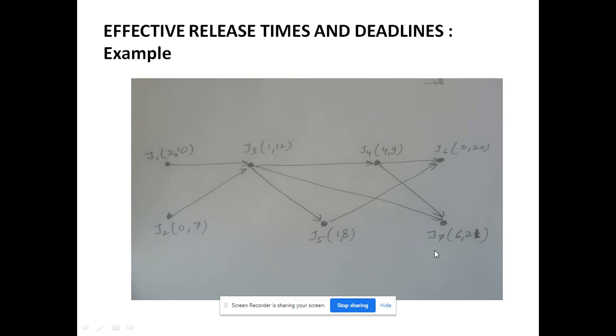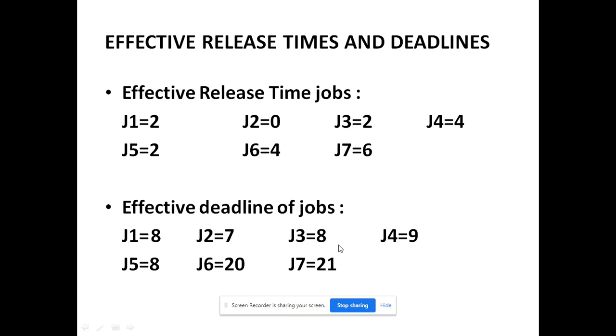The effective deadline of J7 is 21 and the effective deadline of J4 is 9. So the given deadline of J3 is 12, and the effective deadlines of the successors are 8, 21 and 9. The minimum value among the four is 8. So the effective deadline of J3 is 8.